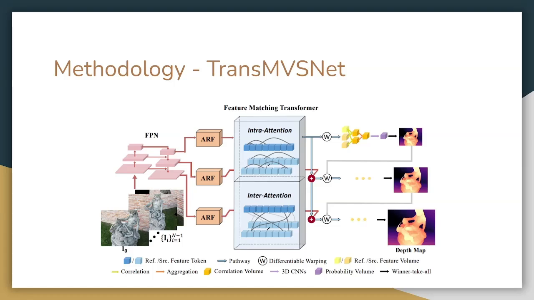TransMVSNet extracts basic features by FPN and introduces ARF modules to ensure the transition from FPN to the transformer. In the feature matching transformer, intra-attention is performed to aggregate global context within images, and inter-attention helps feature searching and matching across images.